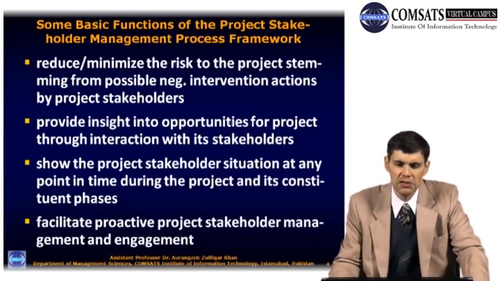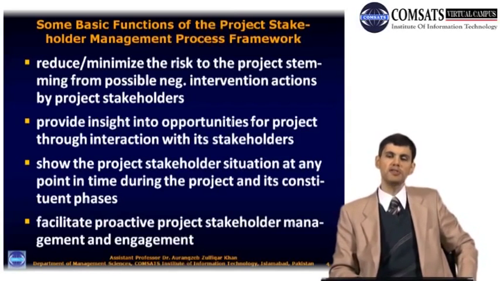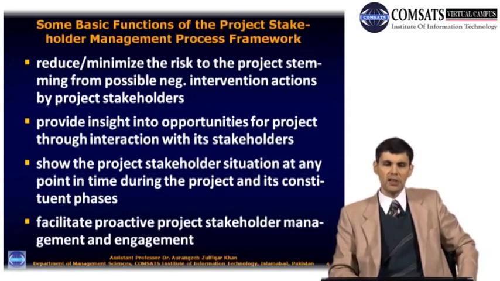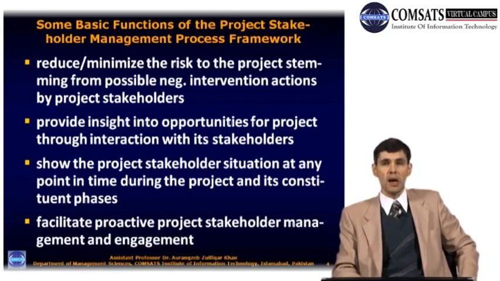Another function which this stakeholder management and engagement process framework fulfills is it helps reduce or minimize the risk to the project stemming from possible negative intervention actions by project stakeholders. Well, you remember when I showed you that diagram of the process framework, I also pointed out that there is a need for a proactive approach, an anticipatory approach.